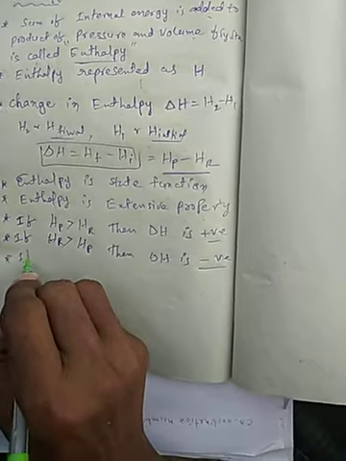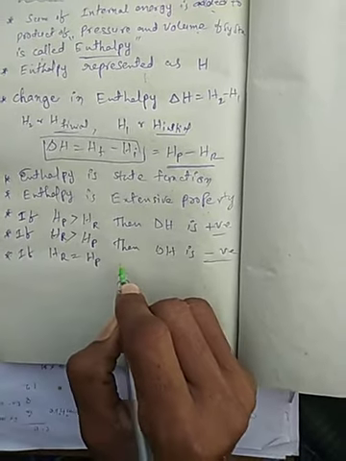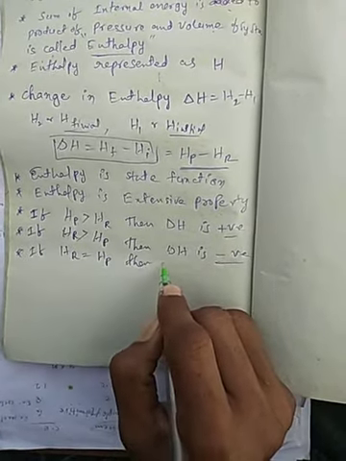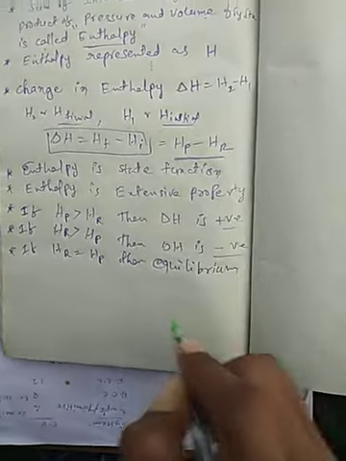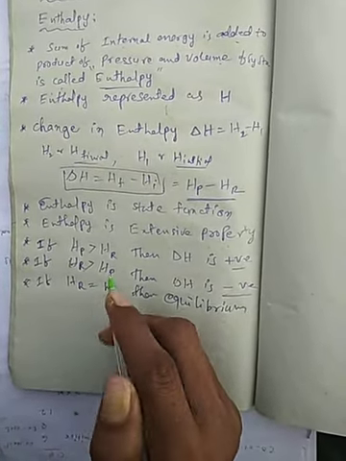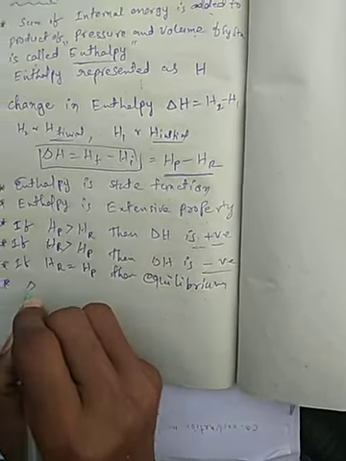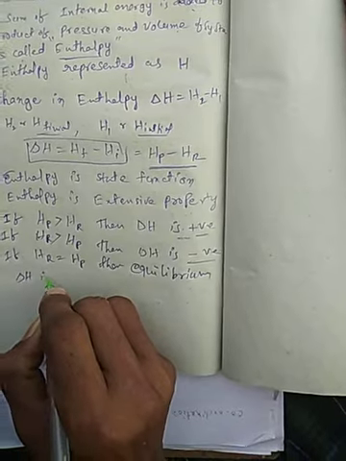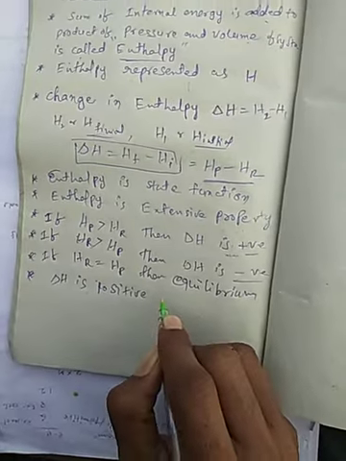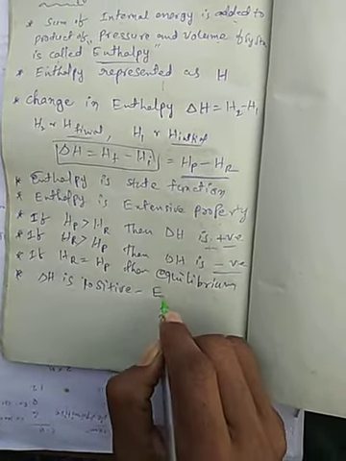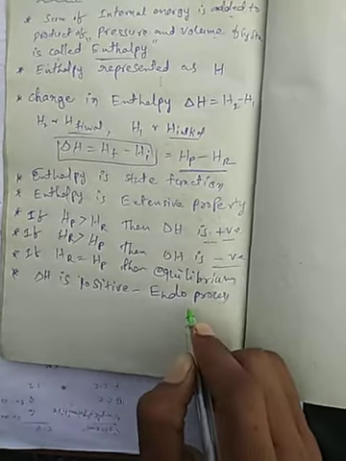Now one more thing: if the enthalpy of reactant is equal to the enthalpy of product, then they are in equilibrium. Now in this case, if delta H, the change in enthalpy, is a positive quantity, it is an endothermic process and non-spontaneous.